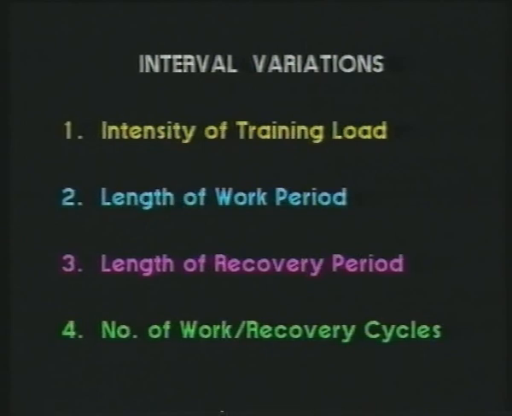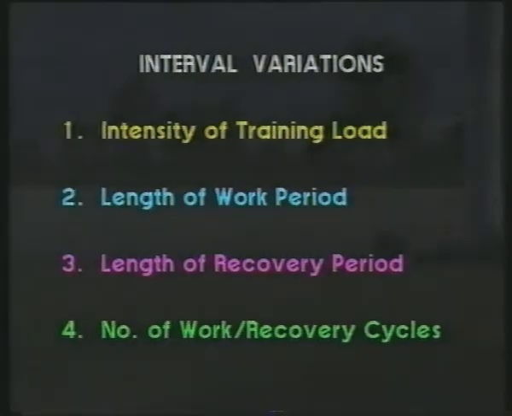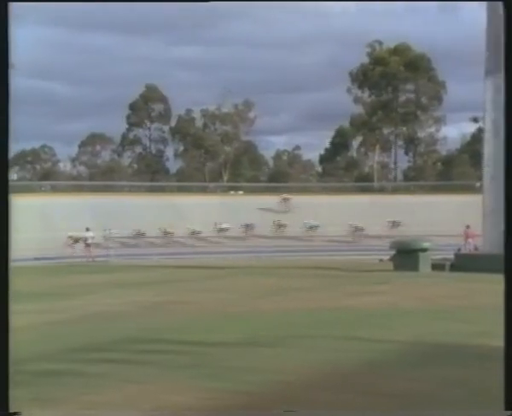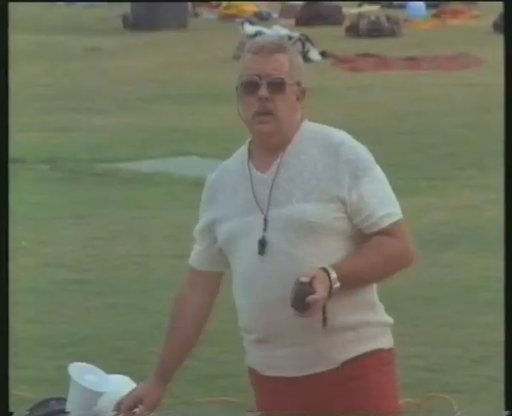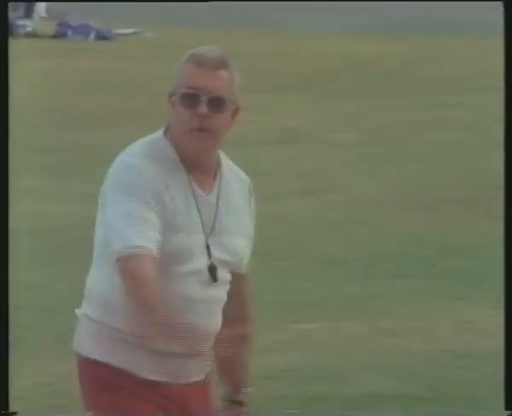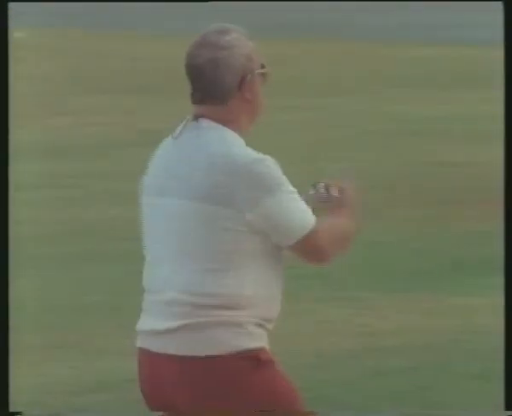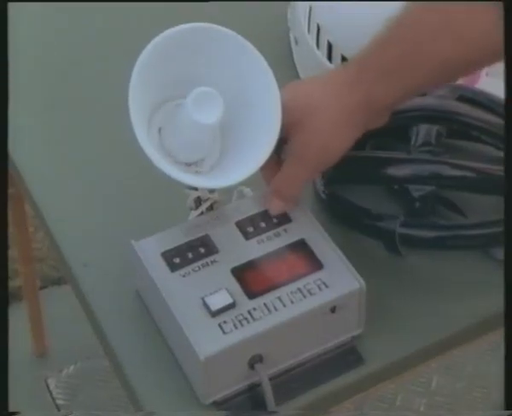Each of these variables can then be precisely manipulated so as to progressively increase the training load and thus performance. Interval training is also used in cycling. Here the coach is using an electronic timer to help to regulate the work and recovery periods.